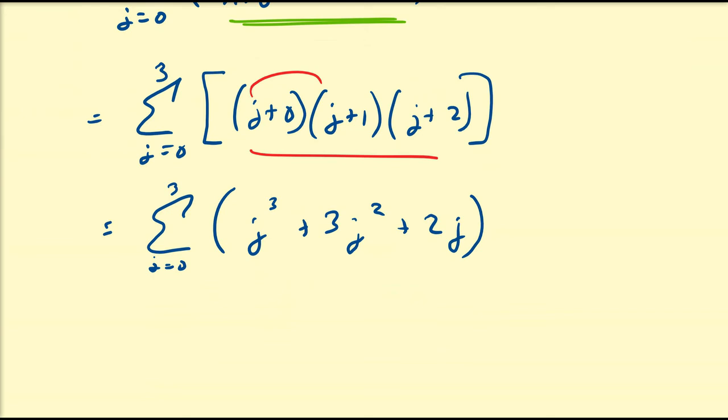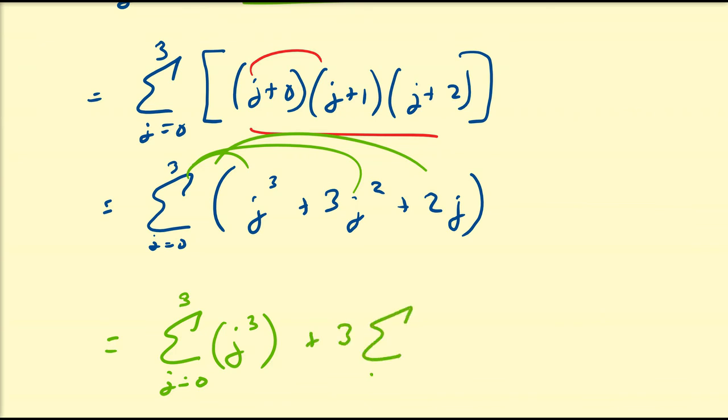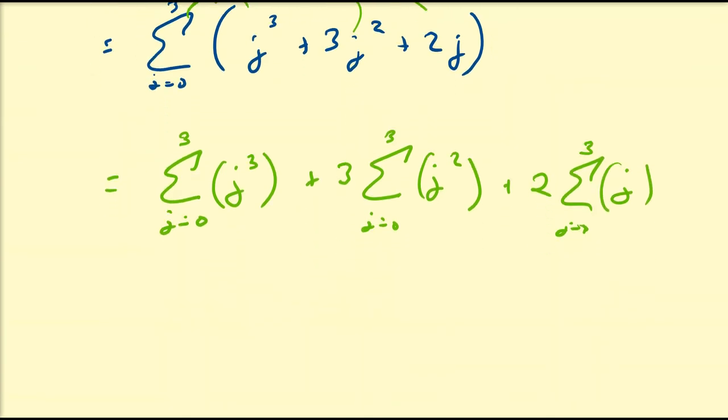So then we're going to distribute the sum over each of these just to make this a little bit easier. So this is going to be the sum from j is equal to 0 to 3 of j cubed plus 3 times the sum from j is equal to 0 to 3 of j squared plus 2 times the sum from j is equal to 0 to 3 of just j. Alright, so notice that when j is equal to 0, j cubed, j squared, and j are just 0.